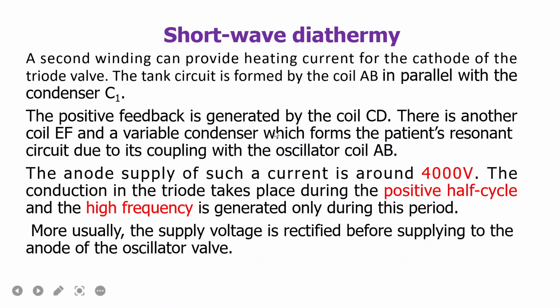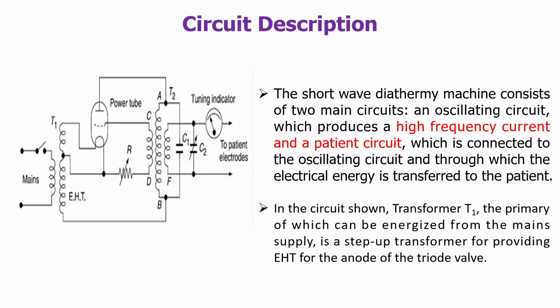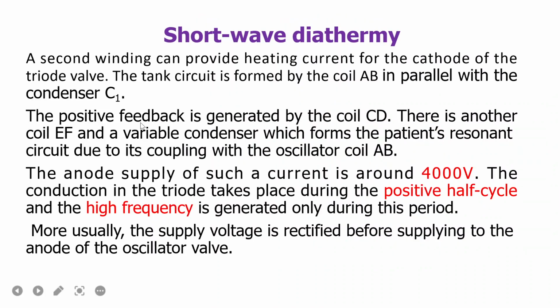The EF coil acts as a variable condenser. So the LC circuit is made here. AB is for coupling, CD is for feedback, and EF is the variable condenser.